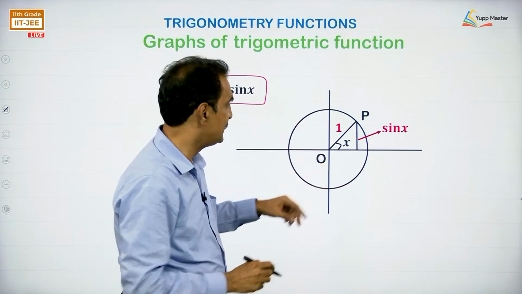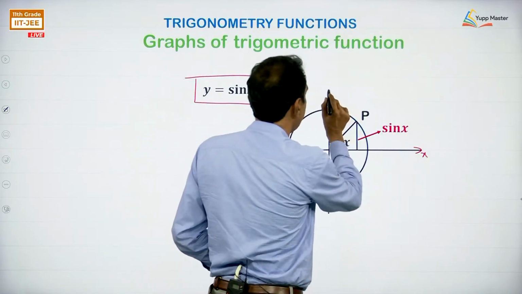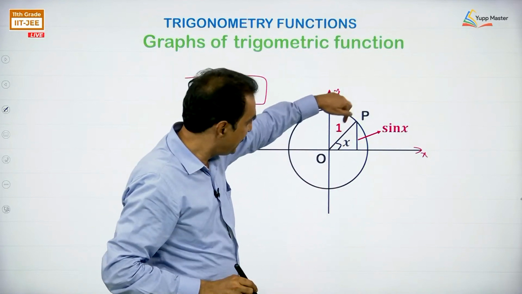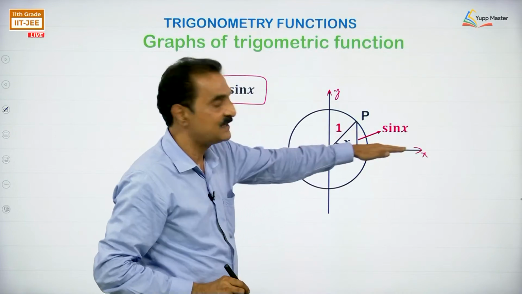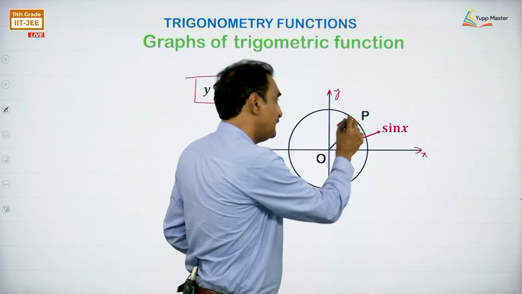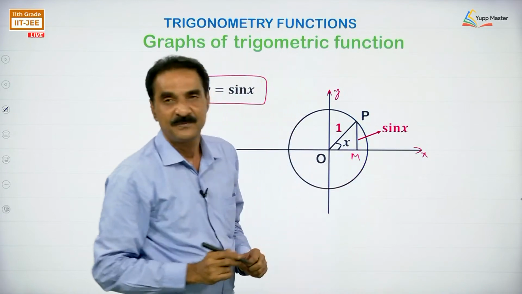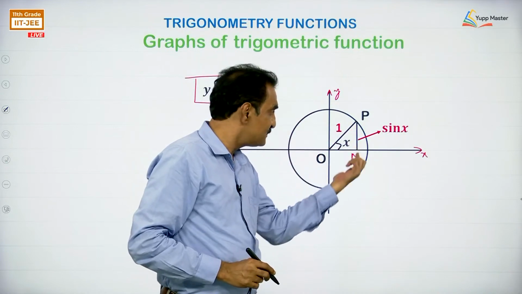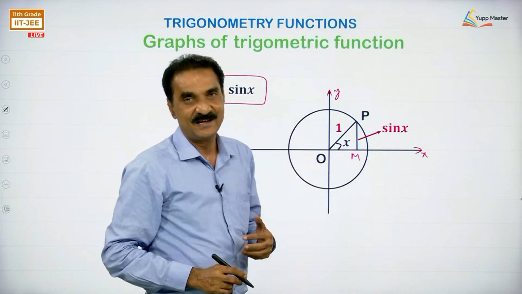You draw a circle and let this be the x axis and this be the y axis. Take some line OP with an angle x with the positive x axis. From P, draw a perpendicular PM. If the radius of the circle is 1 unit, then the length PM is nothing but sin x.